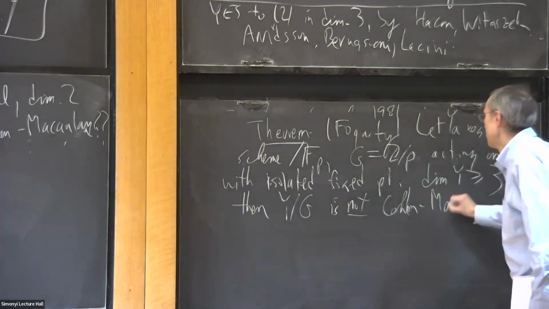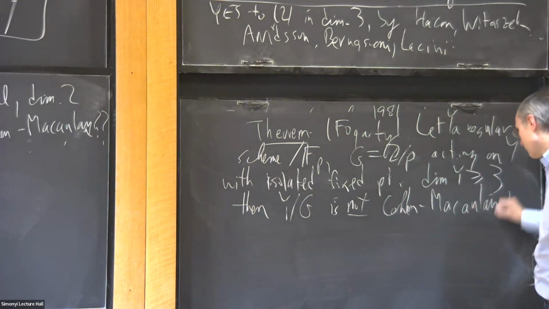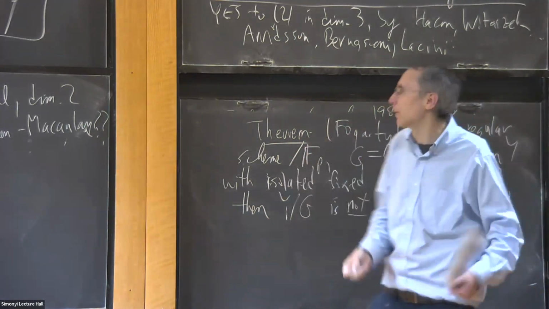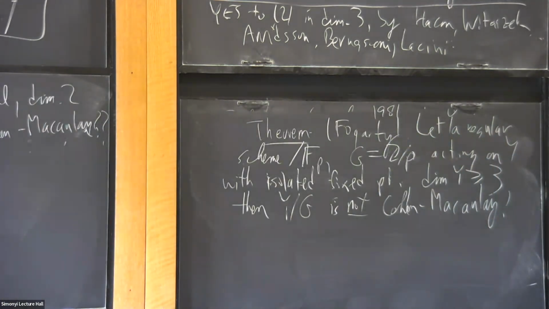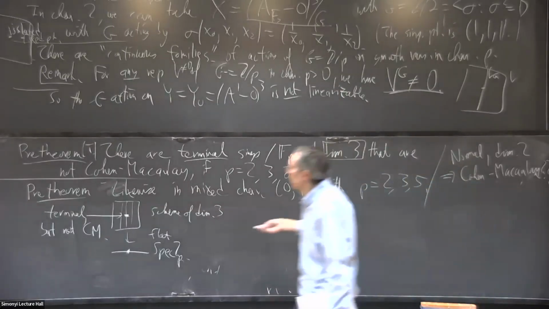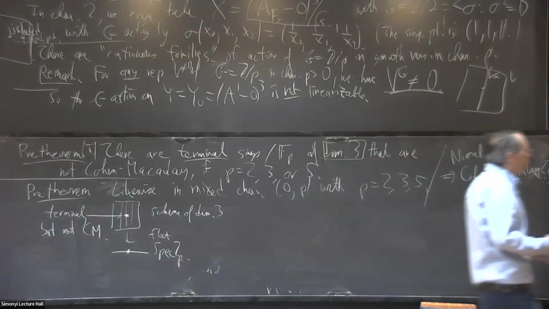So this kind of wild quotient singularity is essentially never Cohen-Macaulay. Just from the fact that this is an isolated singularity, we know that this quotient is not going to be Cohen-Macaulay.